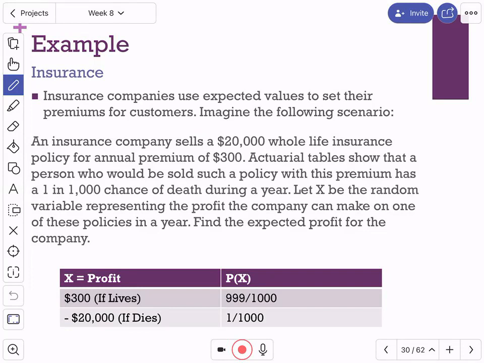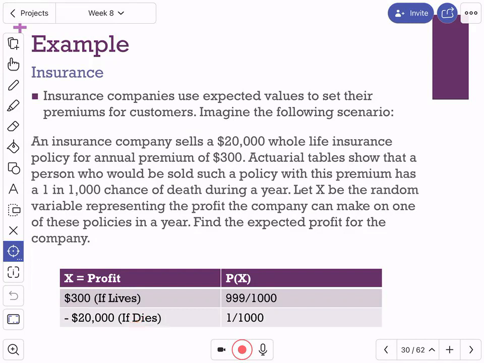So your possible X's for profit are $300 for every life insurance policy you sell, and then negative $20,000 if somebody dies. Here are your possible X's: 300, negative 20,000. This if the person lives, this if the person dies. Everybody got that part first?